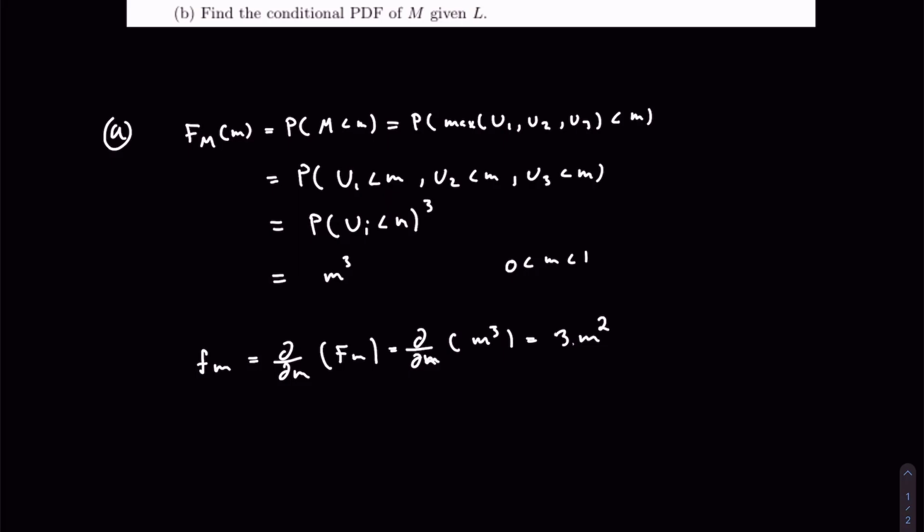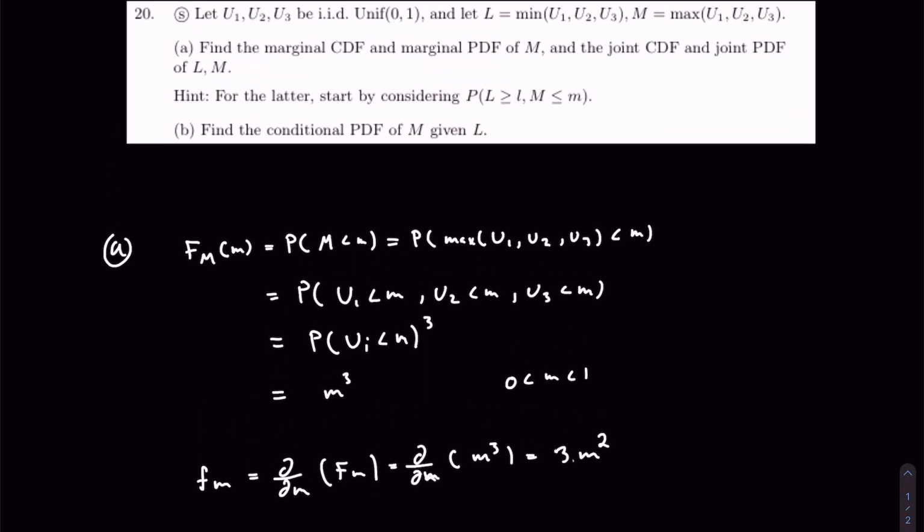That's the PDF. All right, so that was sort of a warm-up to the other part of the question, which is to figure out what the joint CDF and joint PDF are.